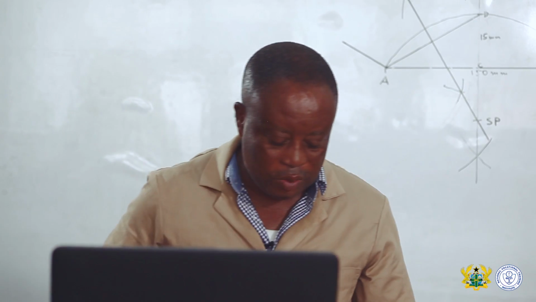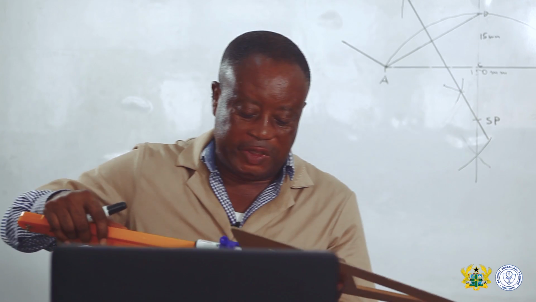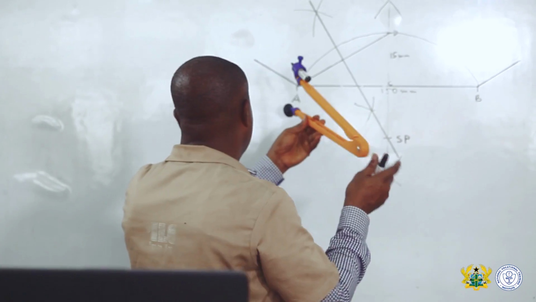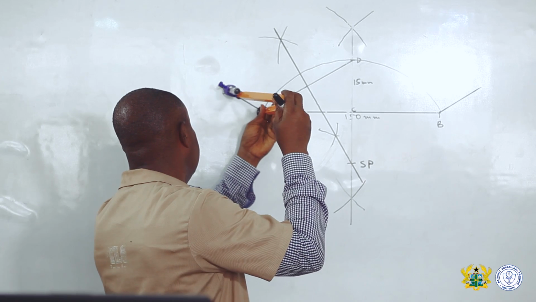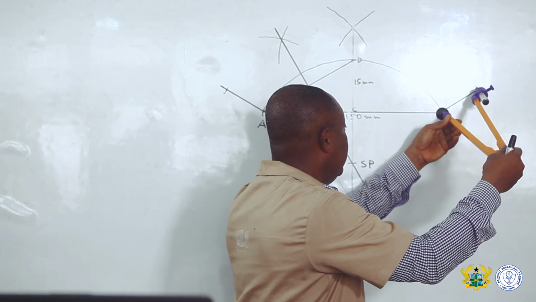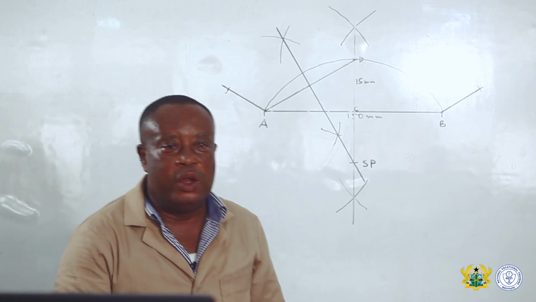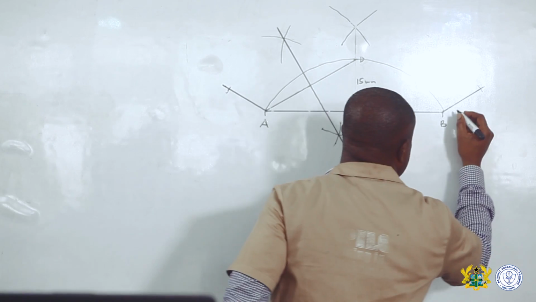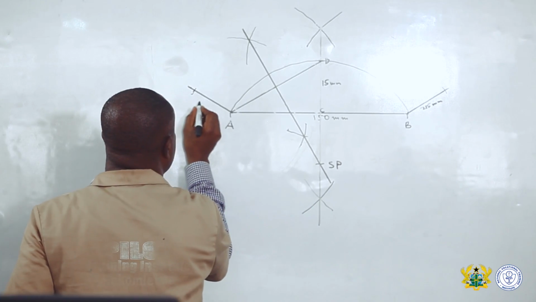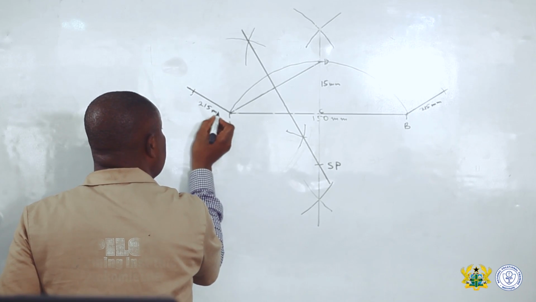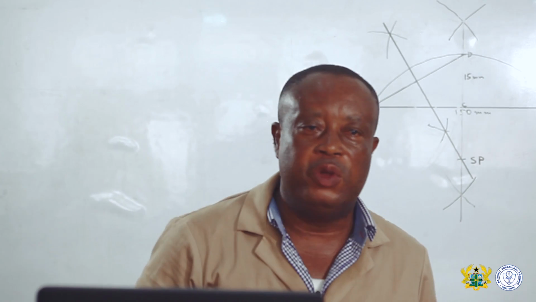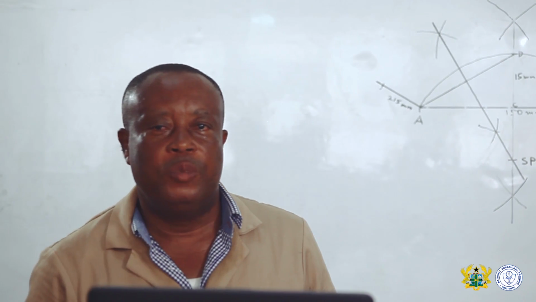So on your rule, you mark your 215 millimeters, then you mark it on your line extension.